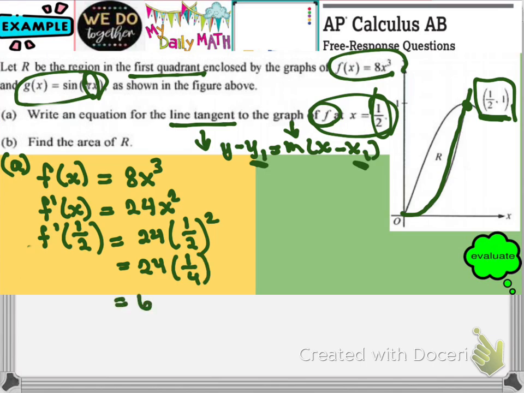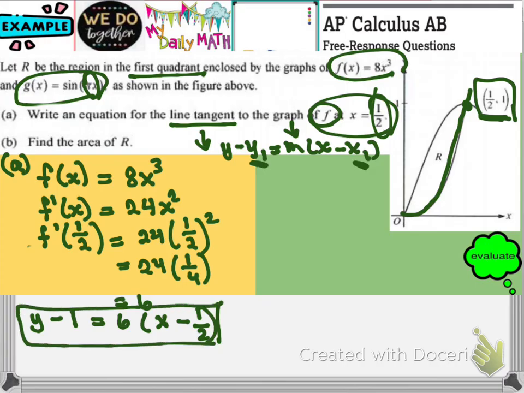I need the tangent line equation, so that's just going to be y minus the y sub 1, that's 1. Your m is 6, and then x minus 1/2. Leave your final answer in this form because this is an equation of a line. Remember, there are a couple of equations for a linear function.